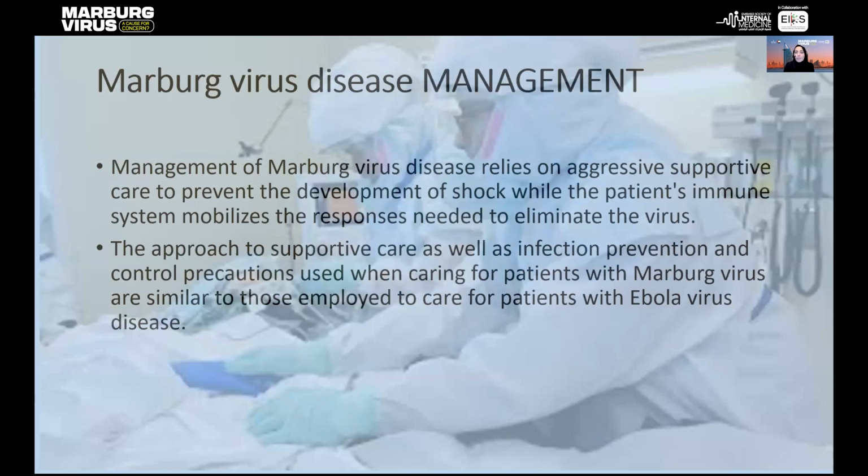However, the management relies mainly on aggressive supportive care to prevent the development of shock. And it's very important, and I think Dr. Emmanuel will cover this part, to follow the infection control precautions when you manage those patients.